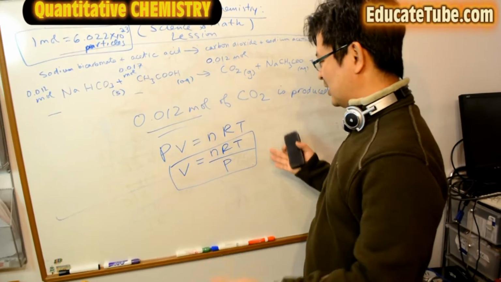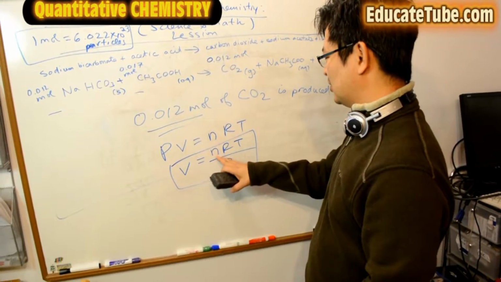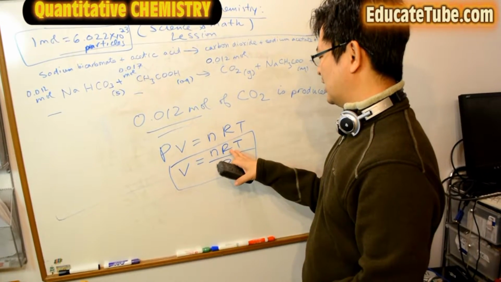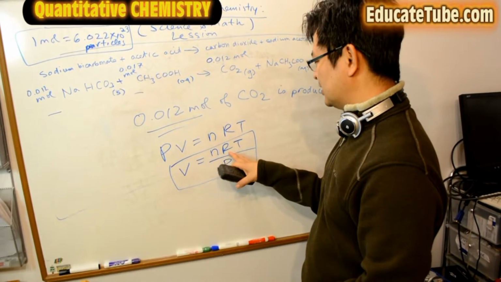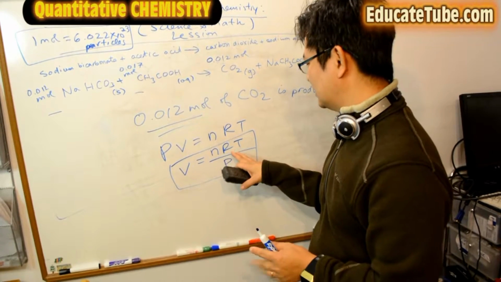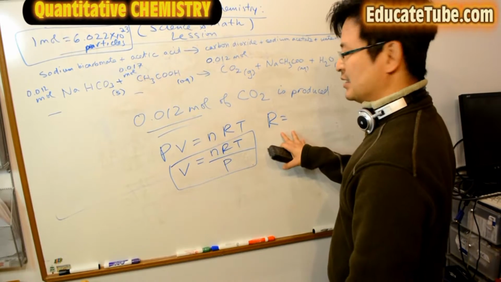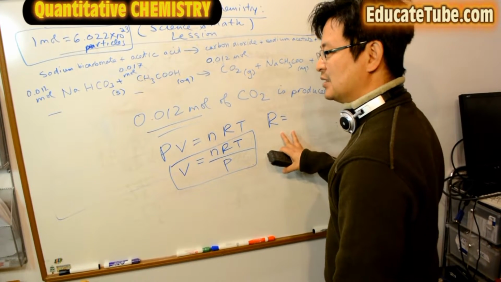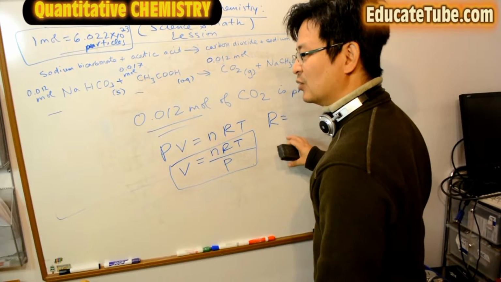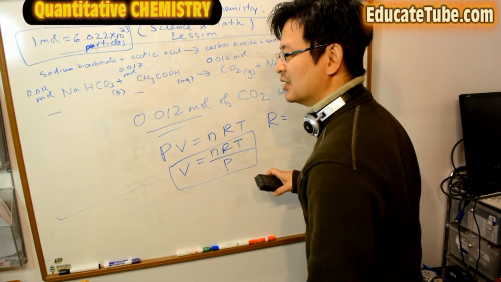Okay, let's calculate this new equation here. Volume equals n, which is number of moles, which we have now, 0.012 moles, times R, the universal gas law constant. It's a constant number. And I'm going to use atmosphere instead of kilopascal. So if you look it up on the internet, you'll see R expressed in terms of liter. Let me see. Under Wikipedia, the R value, let me look it up.